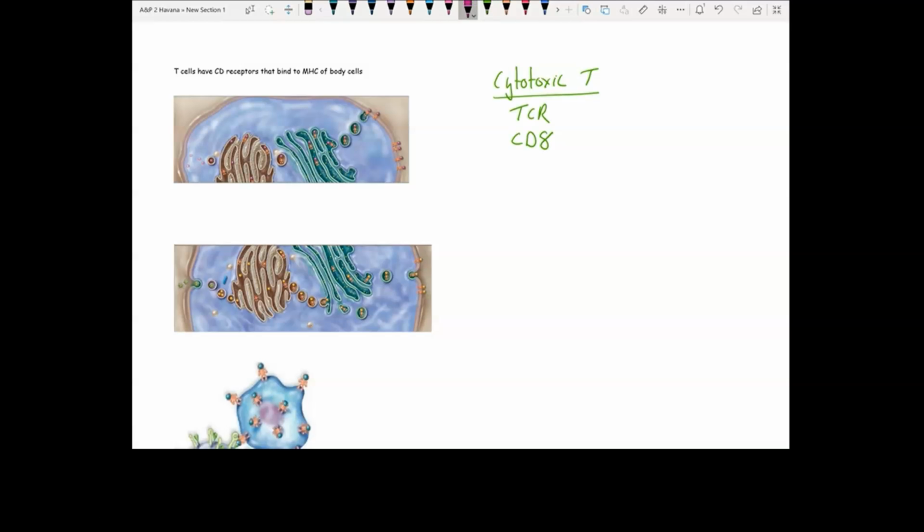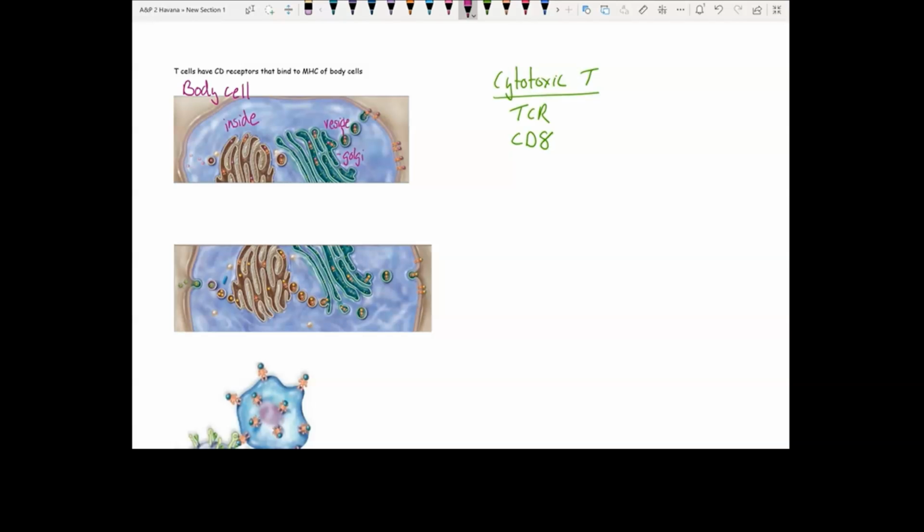Over here, we will look at a body cell. Okay, so this is the inside of a cell. And here you can see this is the Golgi, right? And here's vesicles.